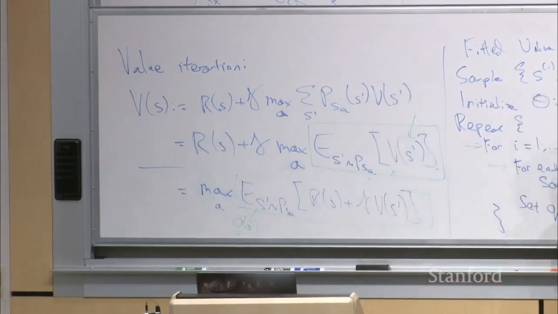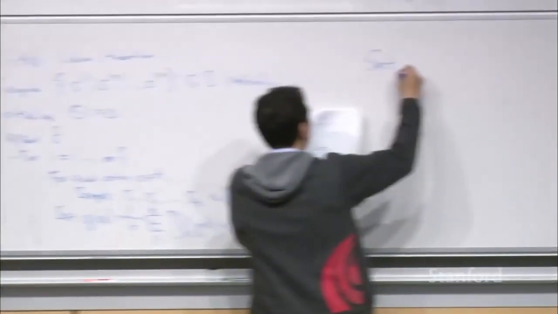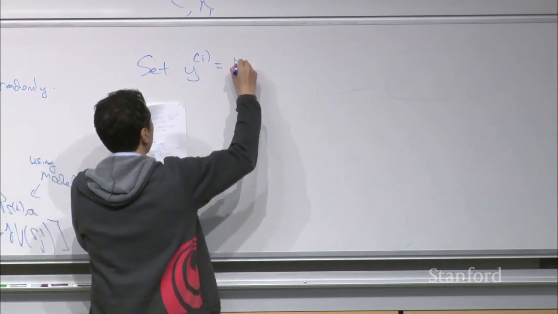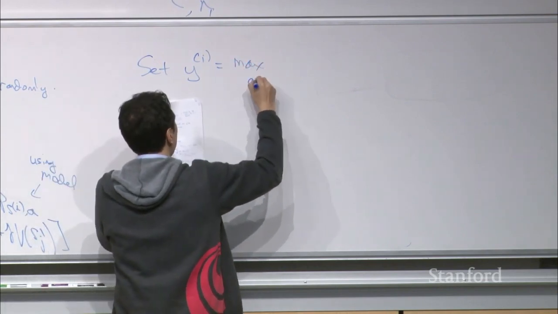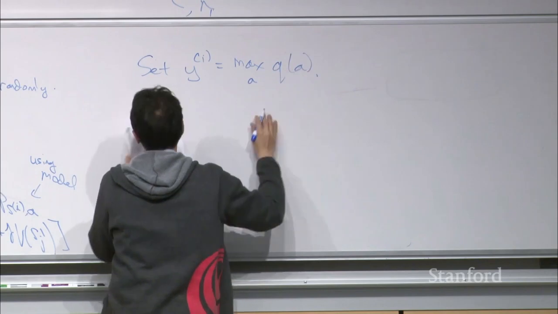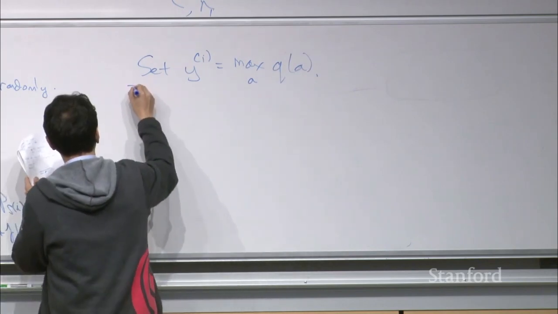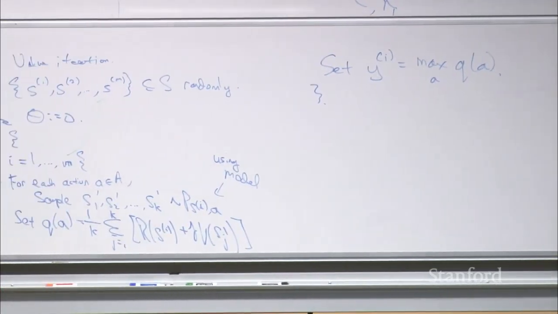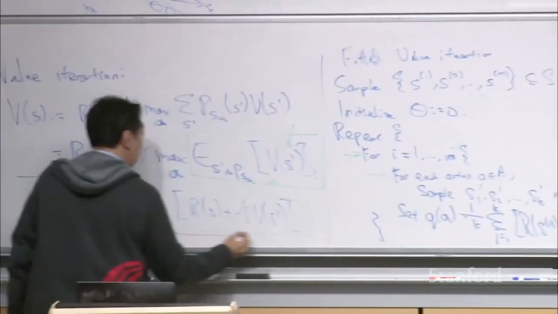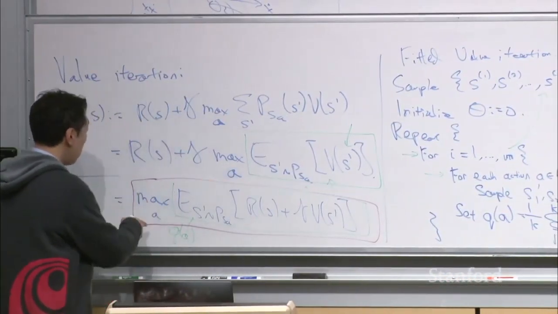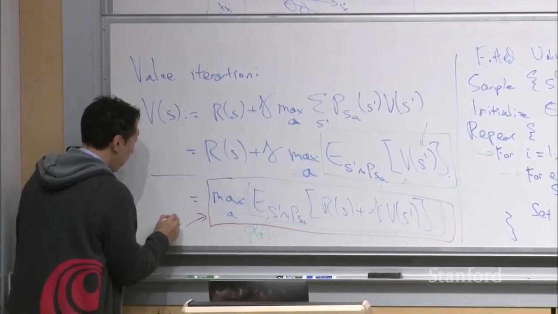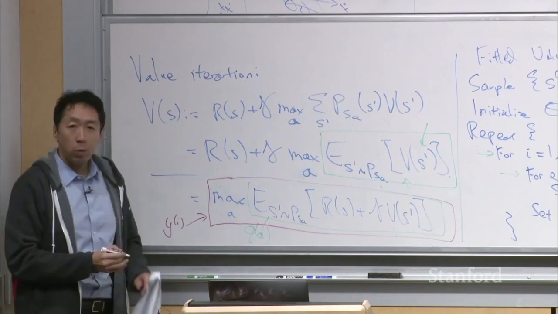Next, let's set yi equals max over A of q(a), right? And so by taking the max over A of q(a), that's what yi is.